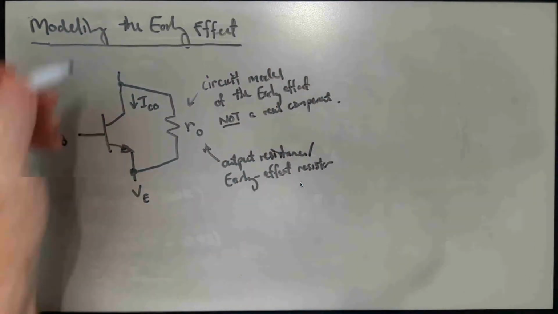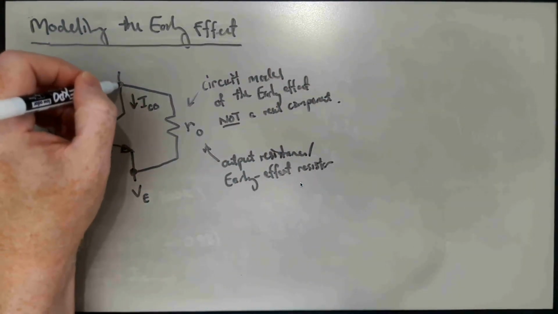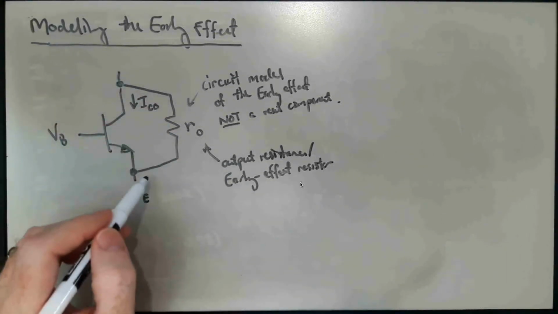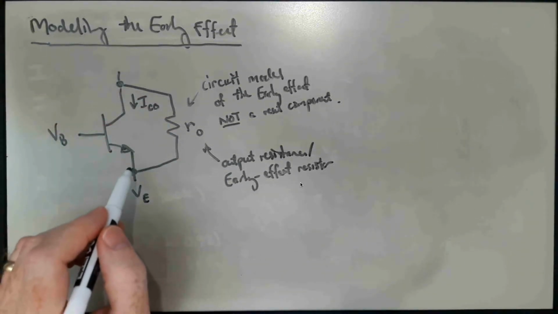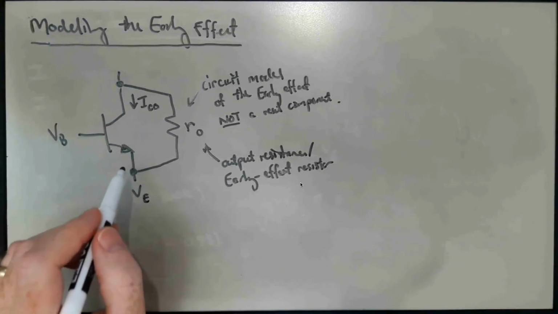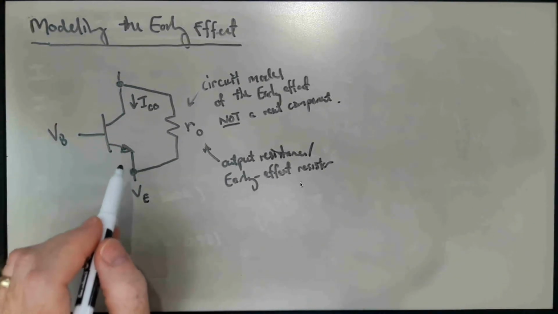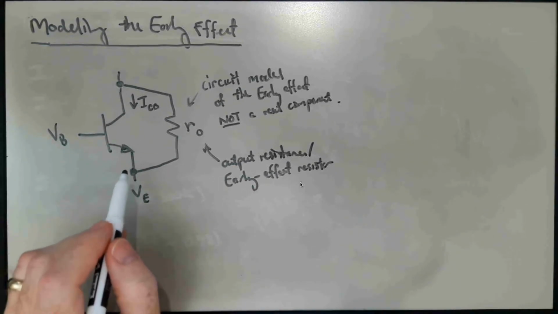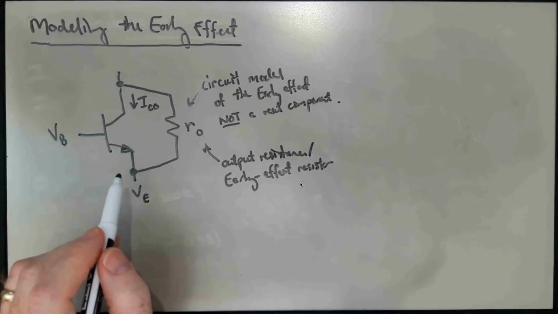What accounting for this effect explicitly by adding another element in the circuit diagram will do for us is allow us to selectively take into account the Early effect where we think it's going to make a difference in our model.